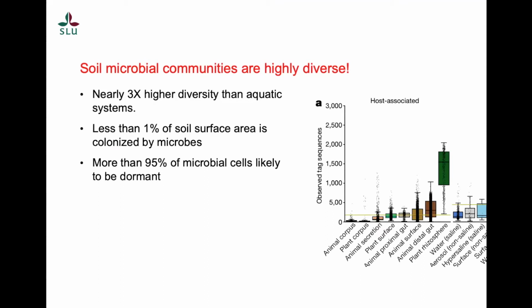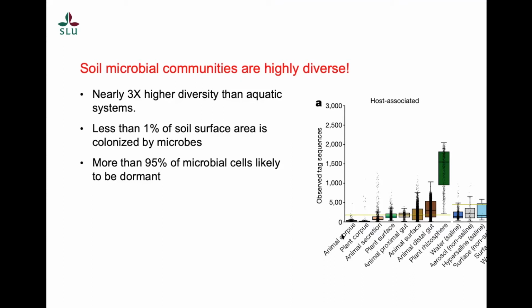And they've done studies or surveys of all these different habitats and all these different environments. And if you look at the y-axis, you can think of that as sort of the number of different types that they found, like species. It's a little bit more related to the molecular information, so it's like the DNA type.